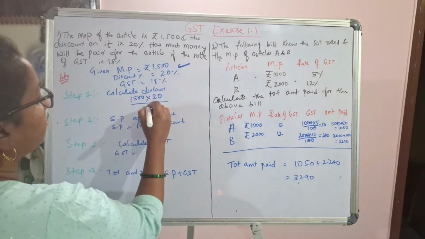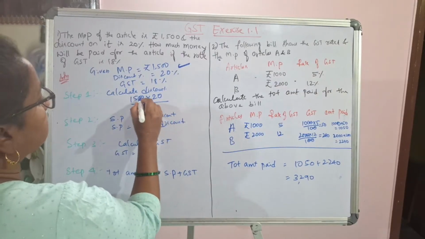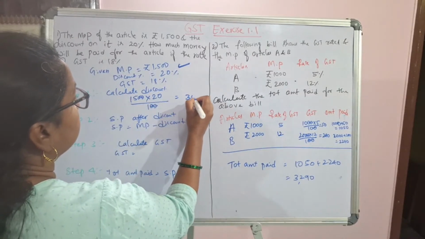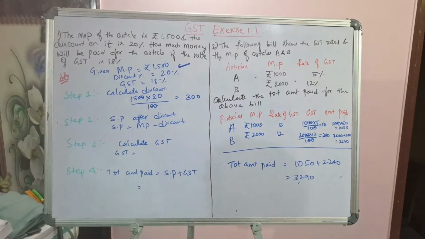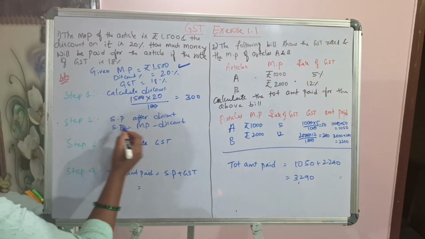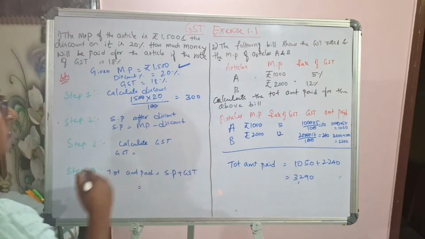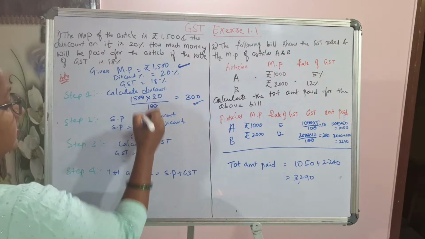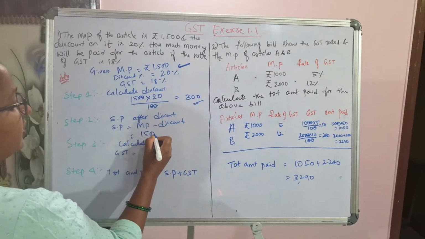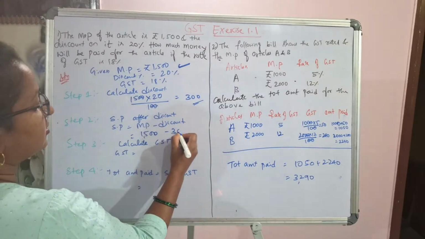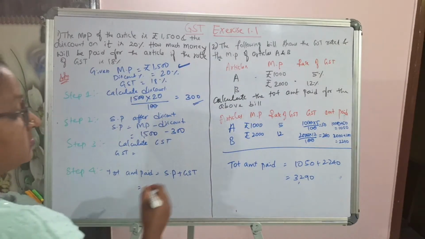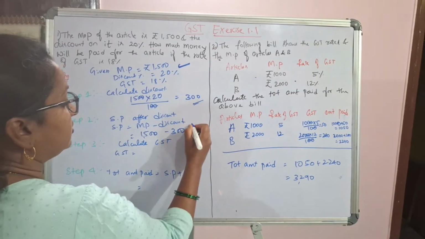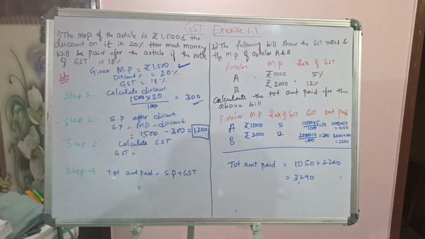That means 1500 times 20 divided by 100, which is equal to 300. Now in the next step, selling price after discount. That means market price, that is 1500, minus 300, which is equal to 1200. This is the selling price.